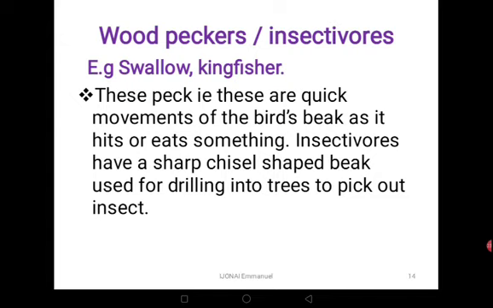Insectivorous birds have a sharp chisel-shaped beak used for drilling into trees to pick out insects. So they must have a very sharp and hard beak, chisel shaped like a knife, used for pecking the wood, to dig into the wood to remove insects that are hidden there. So that is how they are adapted.